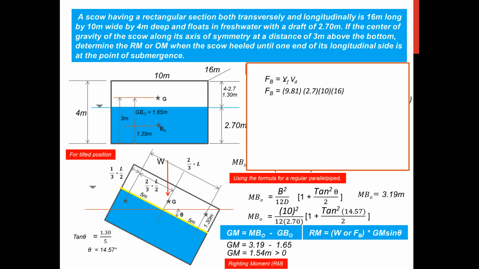The fluid gamma is 9.81 and the volume submerged is 2.7 by 10 by 16. Now this will yield 4,237.92 kilonewtons. So let me substitute that into the RM multiplied by the GM, 1.54 times sine of 14.57 degrees. By this, we can calculate the righting moment to be equal to 1,642 kilonewton meters.